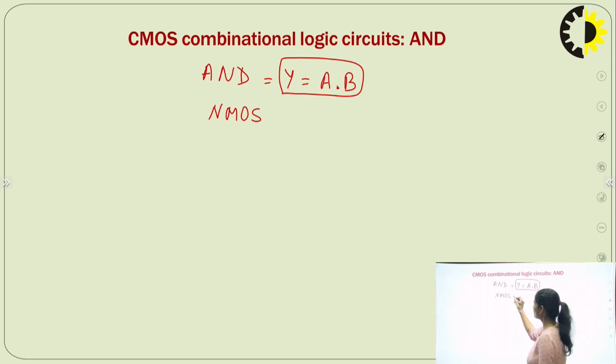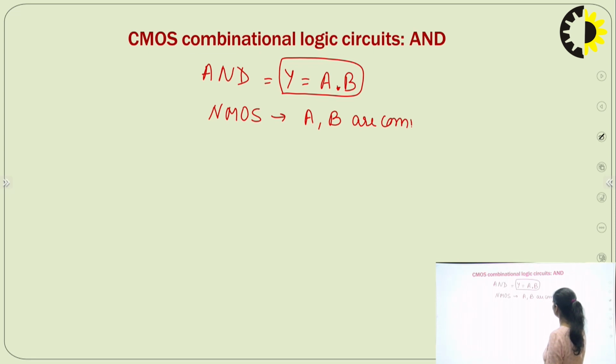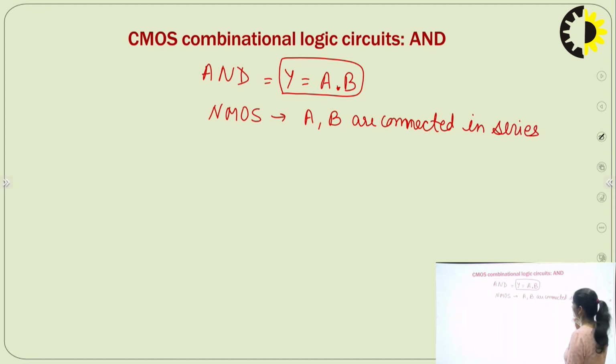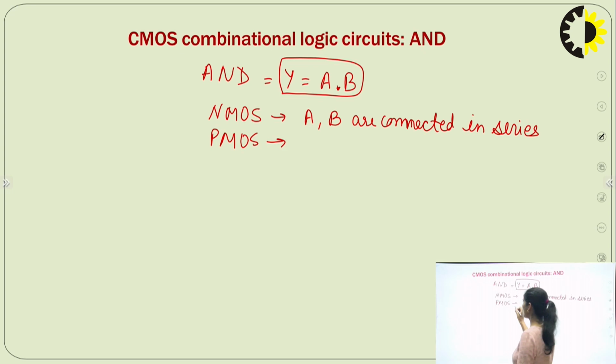In the case of NMOS, A dot B, if it is a dot, it means A and B are connected in series. And in PMOS, it is vice versa of the NMOS.